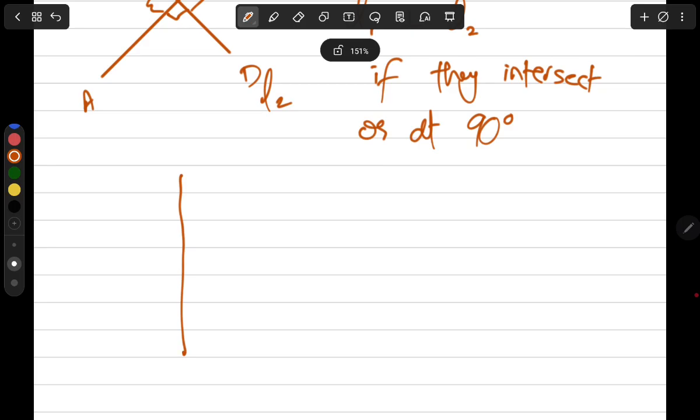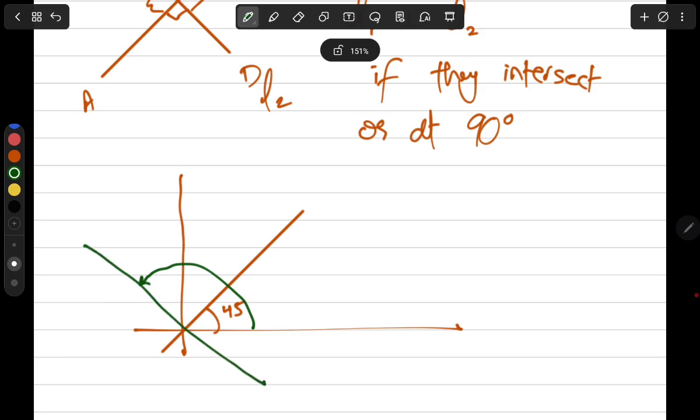So, we are not going to get into the derivation of that, but see, if this is a line at 45 degrees and there's another line at 135 degrees, then this is going to be 45 degrees as well, and this is 135 degrees.